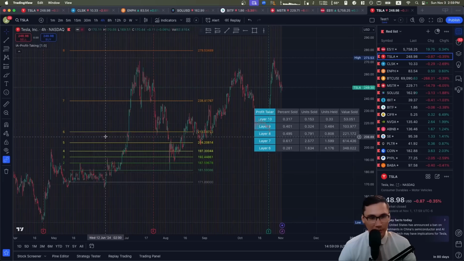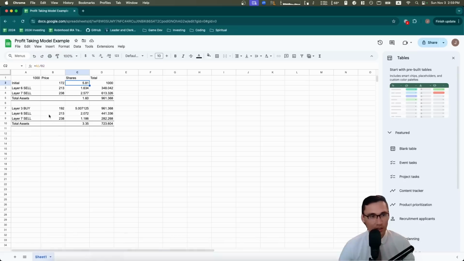So your first exit here would have been on layer 6 at 213. So at layer 6, we exited with 1.6 shares. And then you can see that we went up to layer 7 as well for 238. So going back to the sheet, I have a sell at 213 and at 238, my two layers. And then the 1.6 and 2.5 shares.